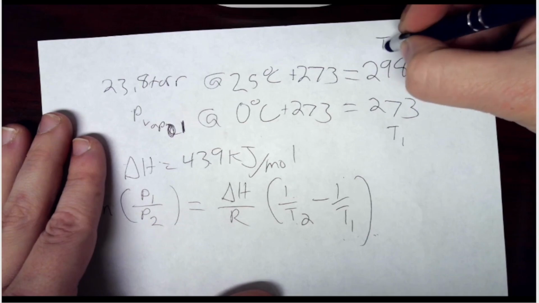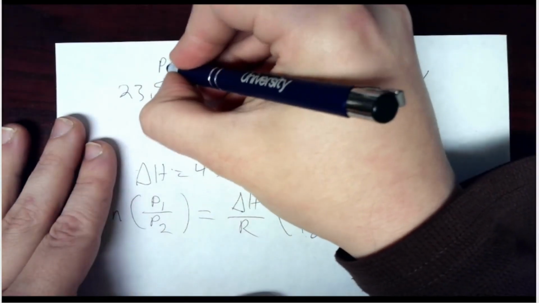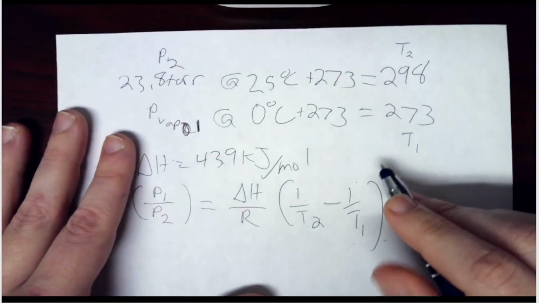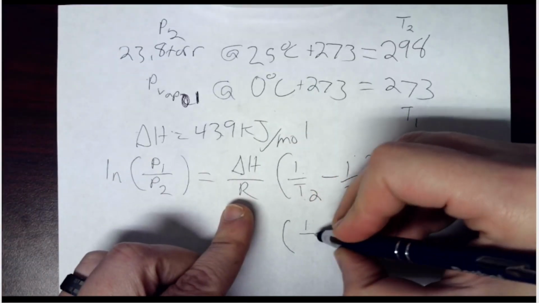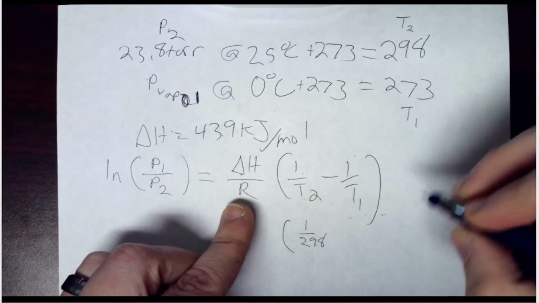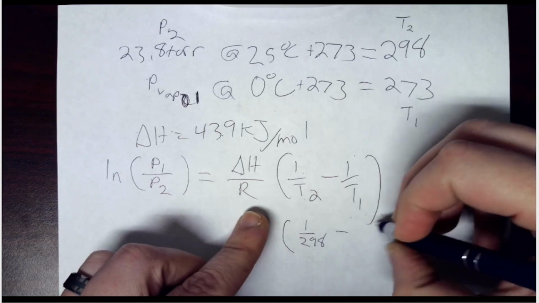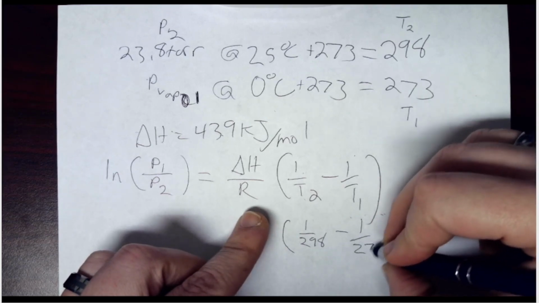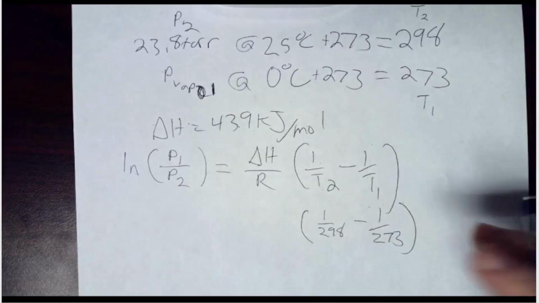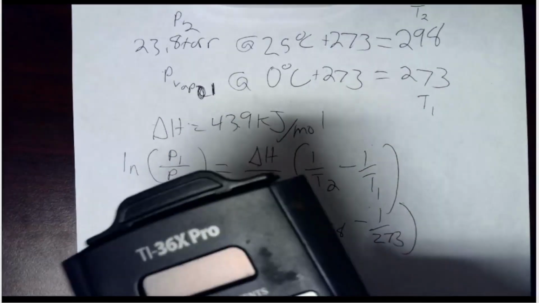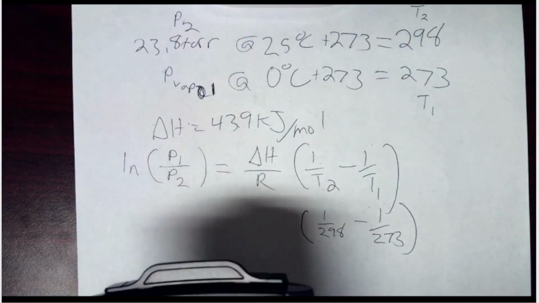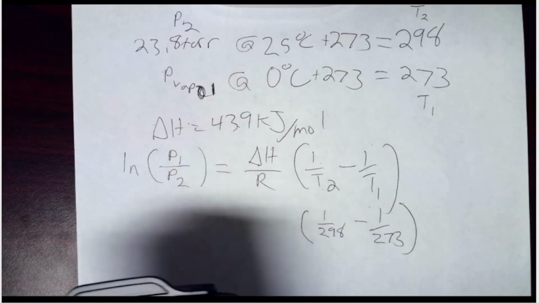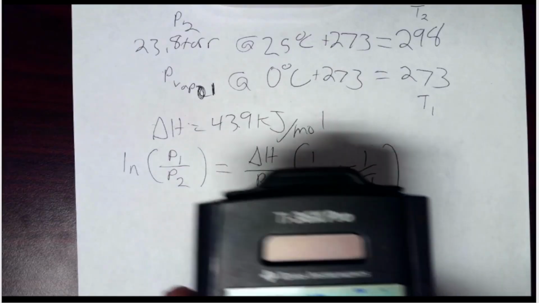If that's P2, that's T2. So I'm going to start. I'll solve this one step at a time. 1 over 298 minus 1 over 273. Do not round. Try your best not to round. Keep the number at least to 3 or 4 sig figs. Do not round unnecessarily, or you will run into some problems.